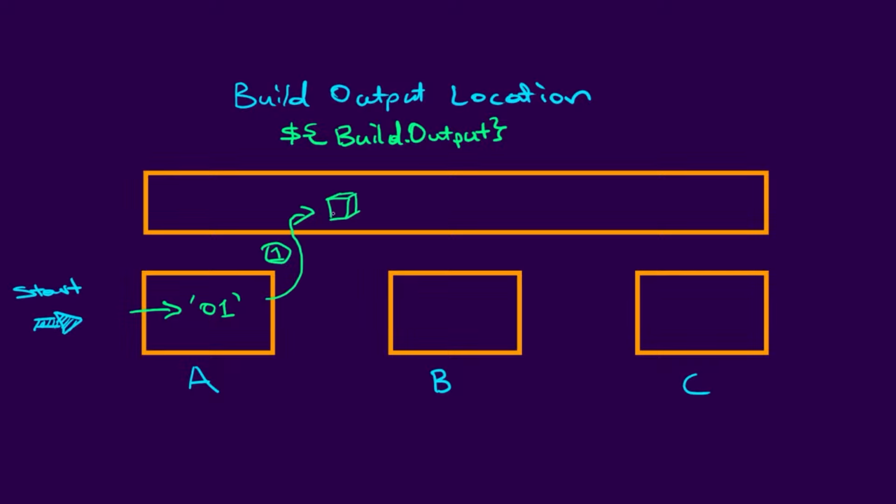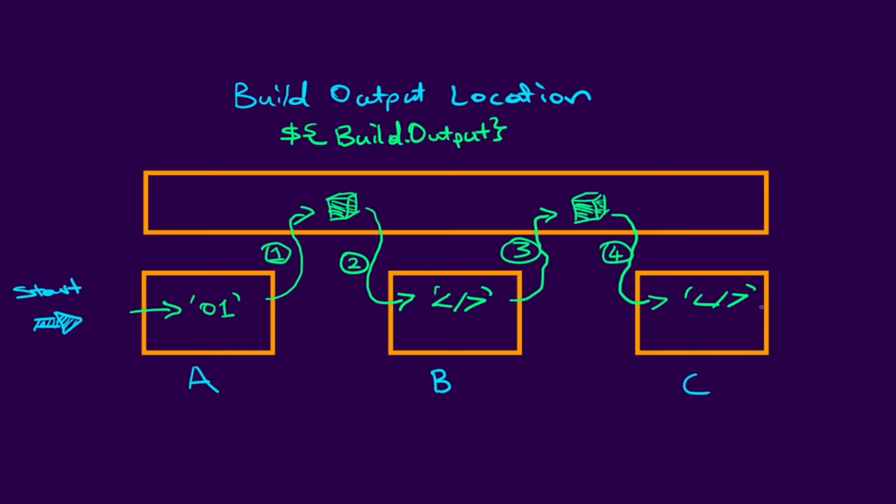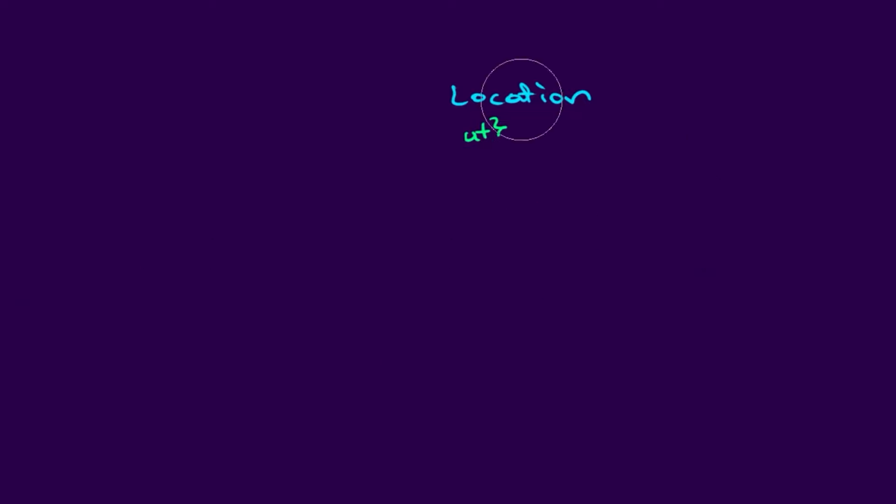Once process A's execution is over, its output will be placed into the build output location to be used as an input for process B. Once process B's execution is over, process C will then use process B's output from the output location as an input, and so forth. Once process C's execution is completed, the result of the final process will then be presented, finalizing the chain of events, creating a build pipeline.